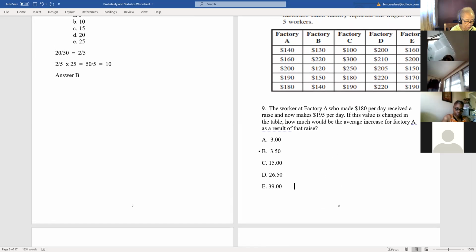So that's going to be 140 plus 160 plus 200 plus 190 plus 180, divided by 5.